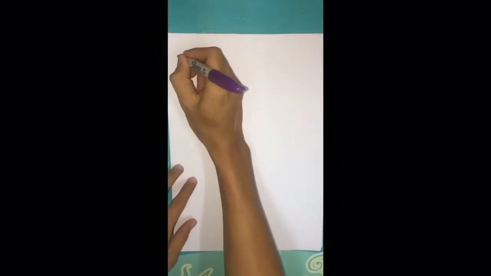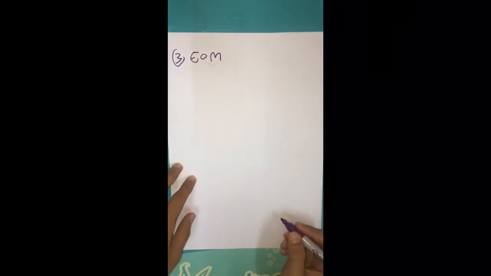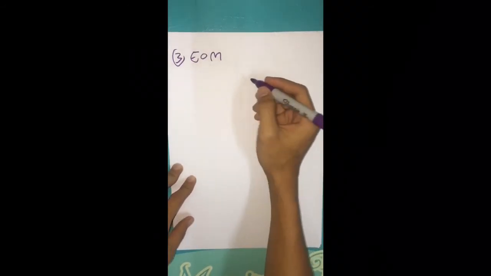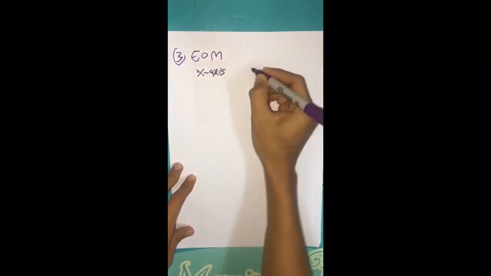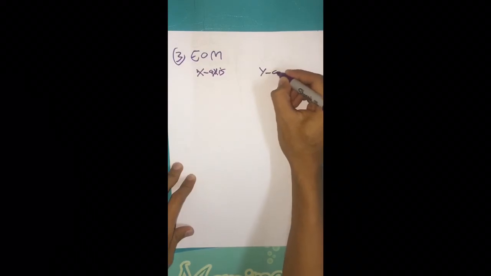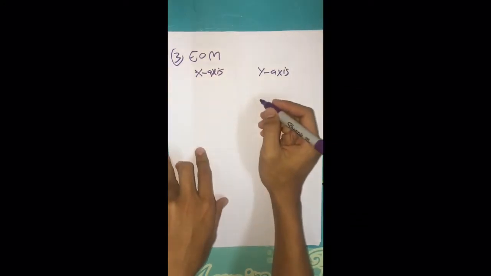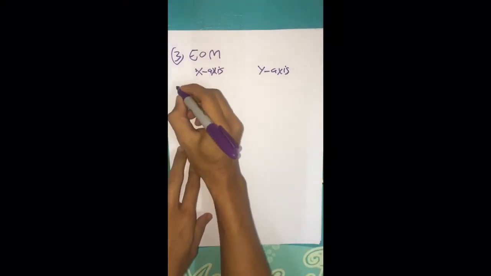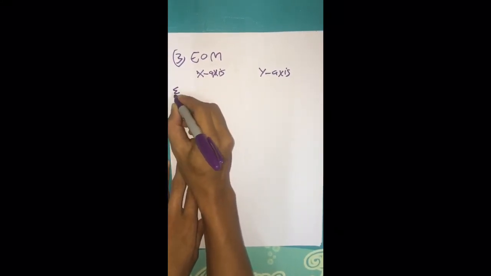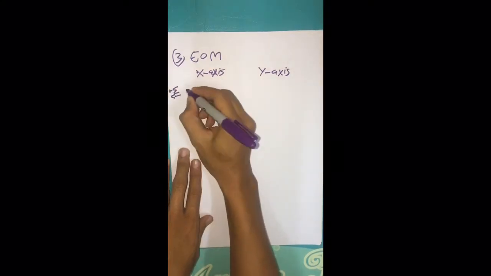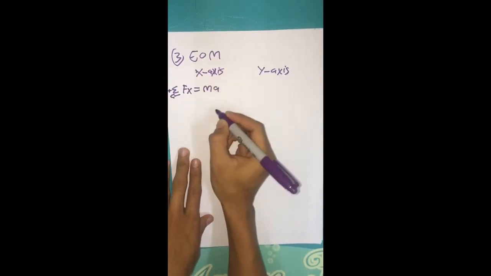For the third step, we use the equation of motion. For the equation of motion, we have to resolve it into two directions, the x-axis and the y-axis. The summation of forces at the x-axis is equal to MA.